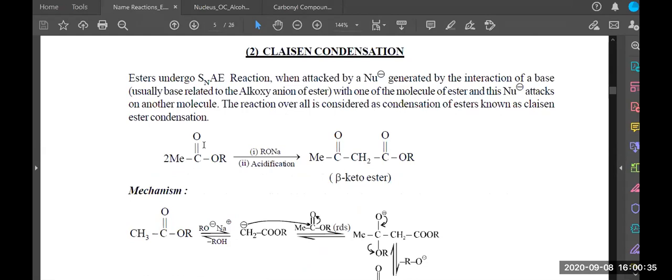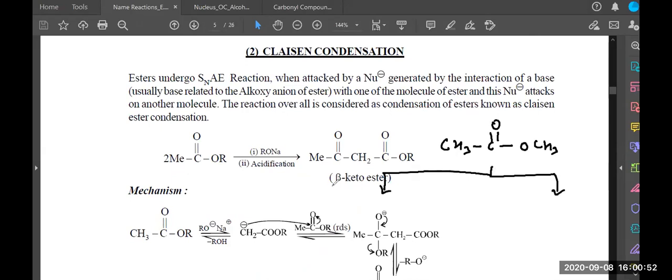Now see this. We have CH3, C double bond O, OCH3, right? Here I'm giving, in one case, OH minus, in one case, OCH3 minus, and in the other case, OC2H5 minus, right?